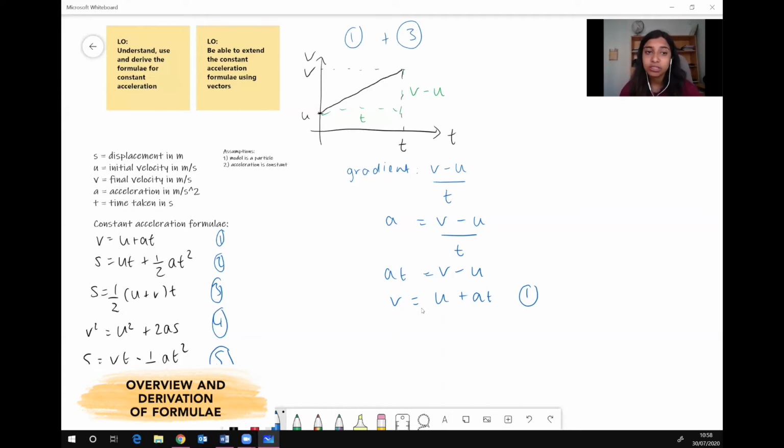So we can also use this graph to derive our equation 3. If you remember, your displacement is just the area underneath your curve, so it'll be this whole red area, and that's in the shape of a trapezium.